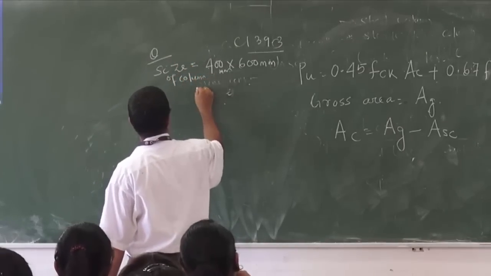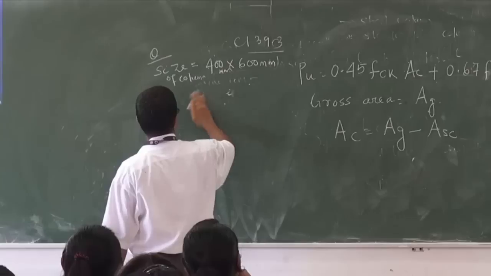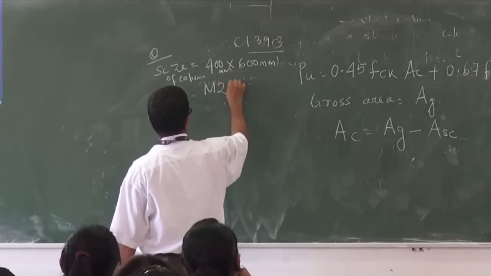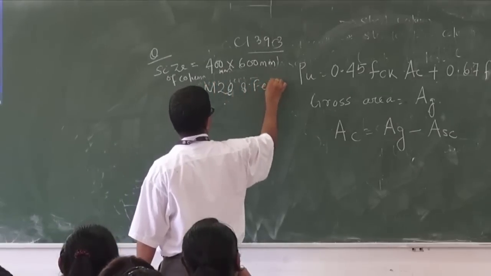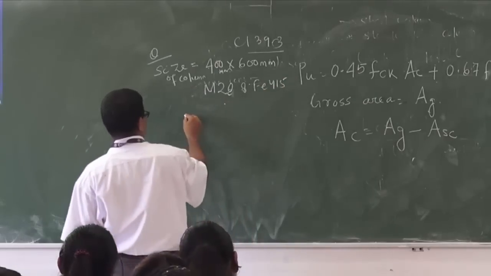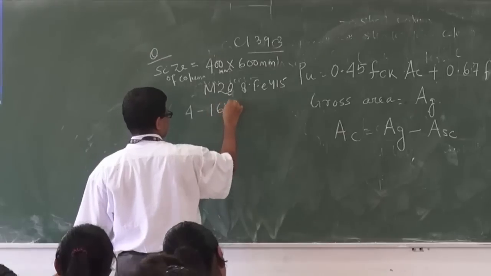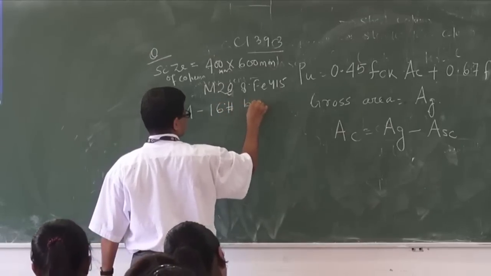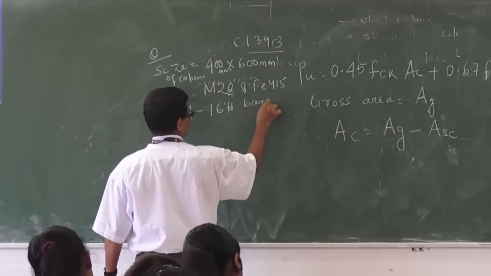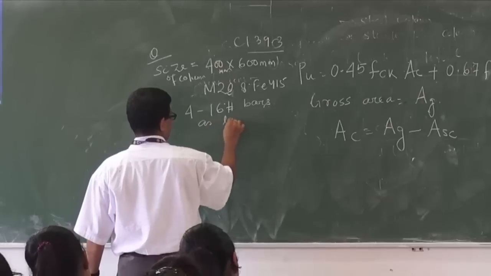Then it is given fck M20 and Fe415, and number of bars 4 numbers 16 mm bars as longitudinal reinforcement.